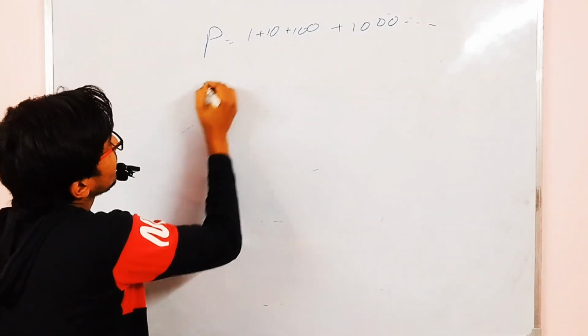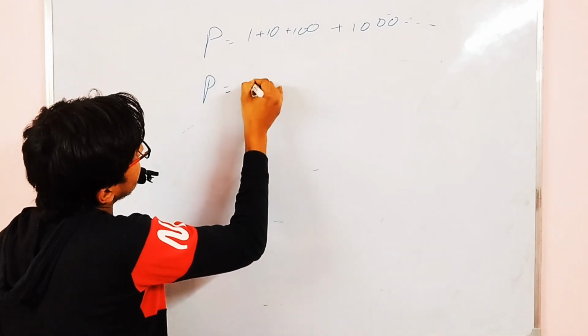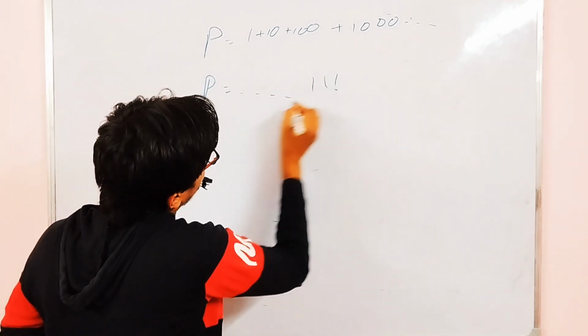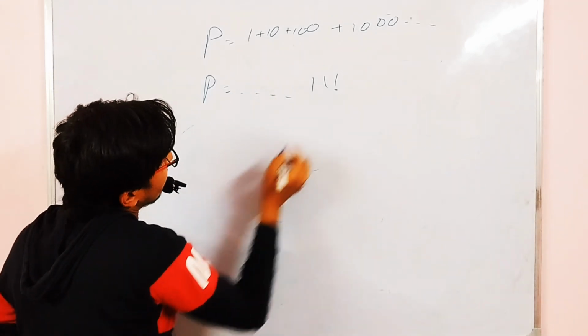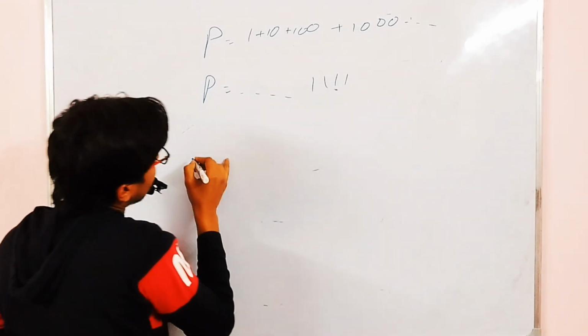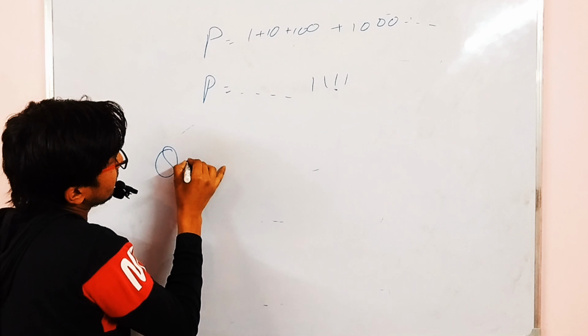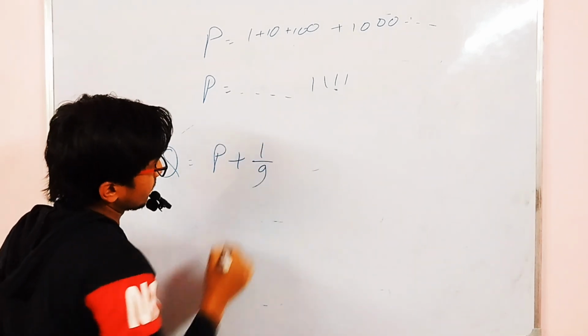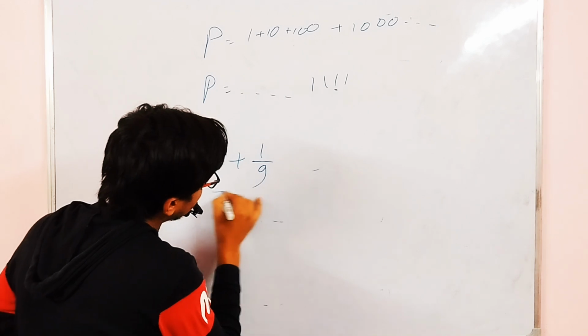Now we can write this as this because I know the initial position. I can't predict this position. Now I am saying, if I say P, Q is some number where I add P plus 1 upon 9. Now what will be this number?